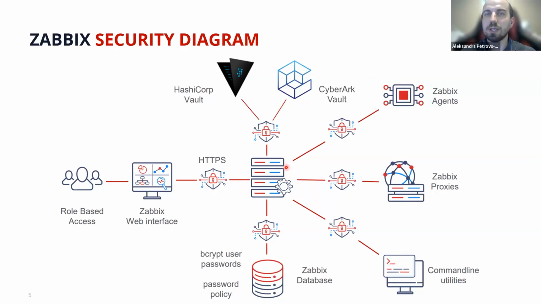So communication between agents, proxies, command line utilities, and of course, the database can be secured, can be encrypted. And then we can also add an additional layer of security for all the sensitive data, for all the potential credentials that we might keep in Zabbix, using the vaults. But that's in really short. Let's take a bit of a deeper look into this.